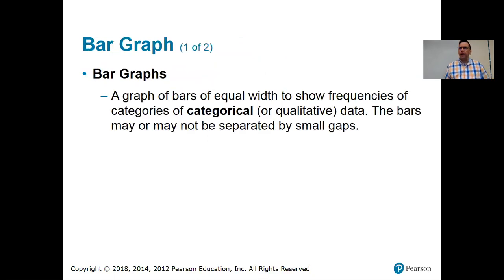When we talked about histograms, I mentioned bar graphs. A histogram is not technically a bar graph. Bar graphs are used for categorical data, qualitative data, data that are words, for example. If I took a survey of everybody's favorite ice cream flavor, I can make a bar graph out of that.